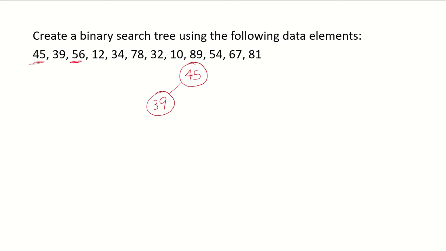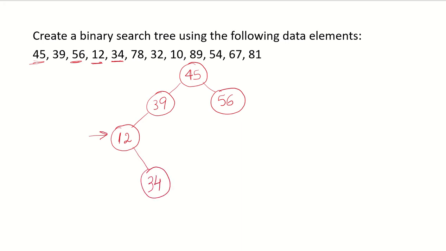Then we have 56, which is greater than the root value, so it will come as the right subtree. 12 is less than 45 and less than 39 as well, so it will come as the left subtree of 39. 34 is less than 45 and less than 39 but greater than 12, so it will come here as the right subtree of 12.